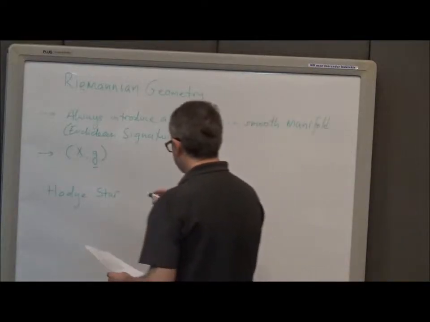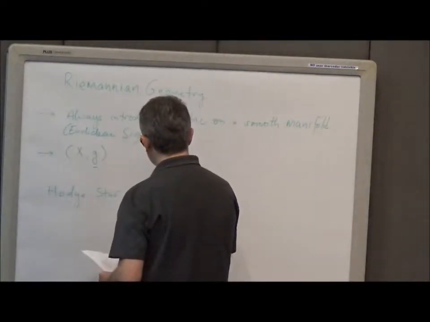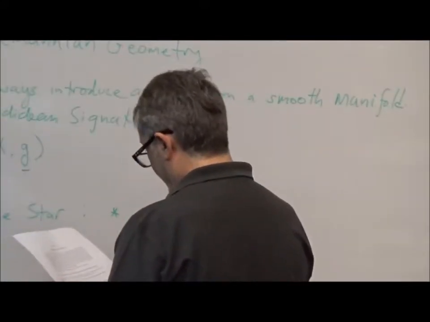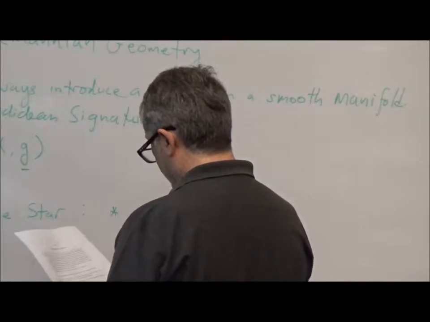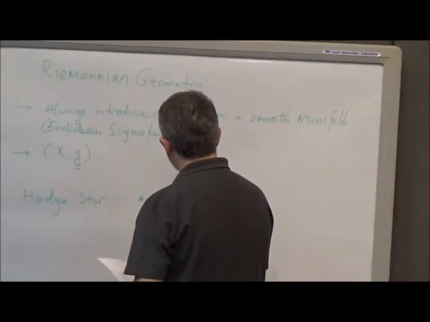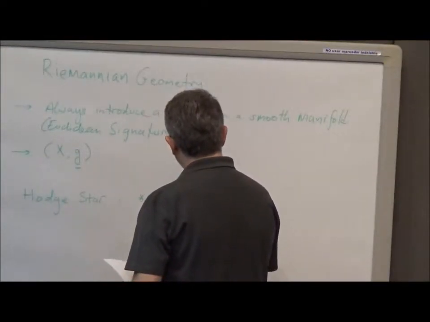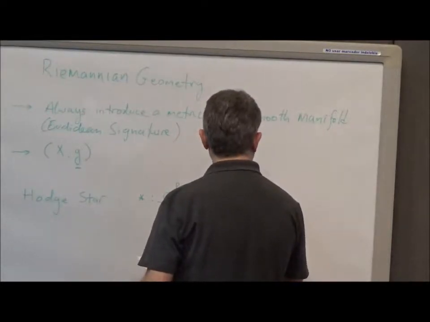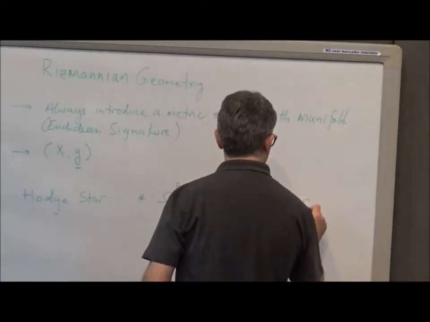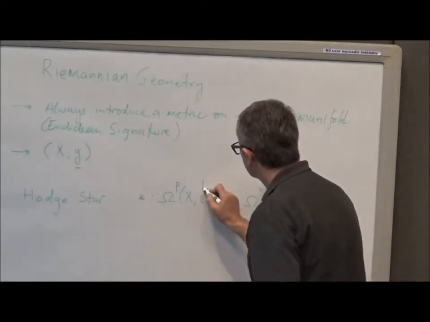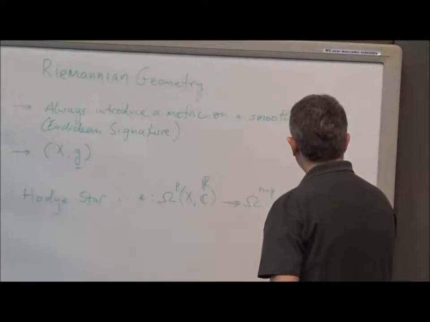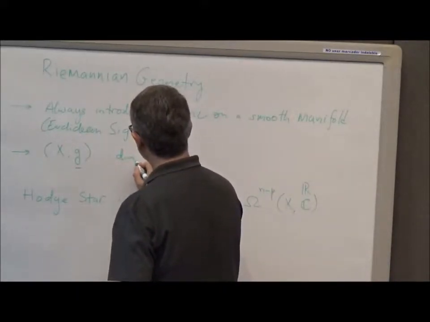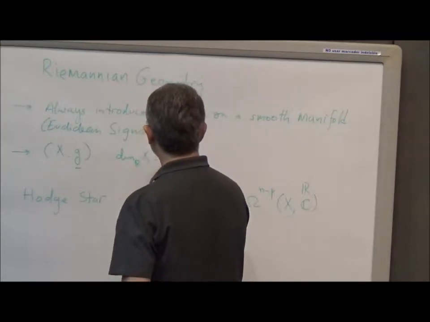So basically the idea is it's an operator, it's a star, so we'll call it a star. And it's a map from p forms that can be complex valued into n minus p forms, and the real dimension of X is n.